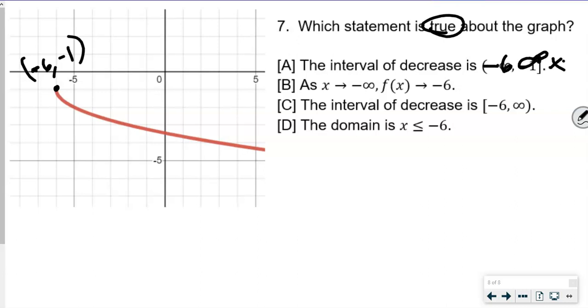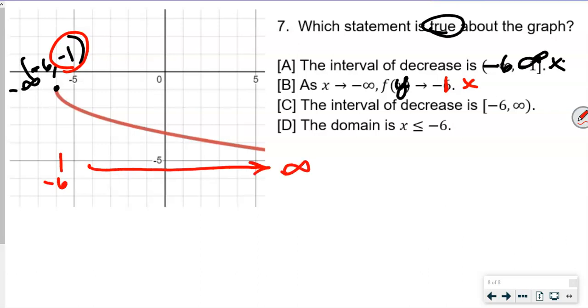So that's false. As x approaches negative infinity over here, what is our y value, y'all? Shouldn't it be -1? Yep, it should be -1, so that's also false. Then it says the interval of decrease. It does decrease, right, y'all? Is from where? Look right here. From -6 on to where?